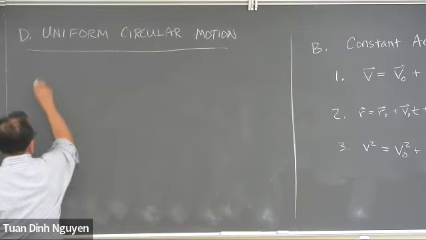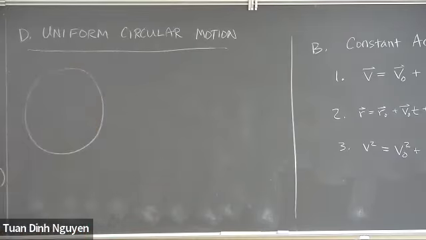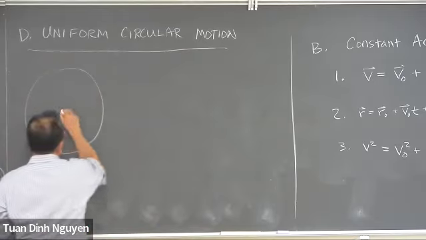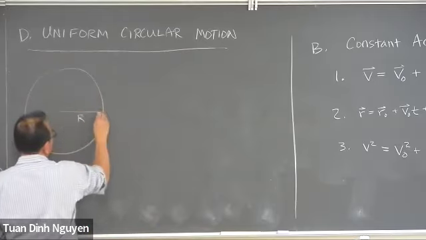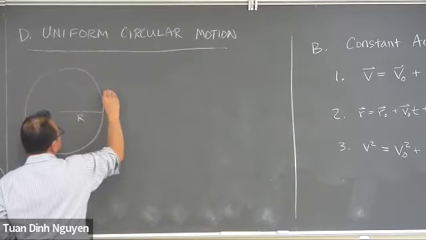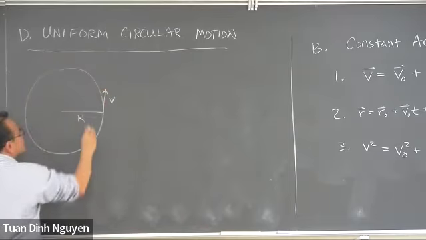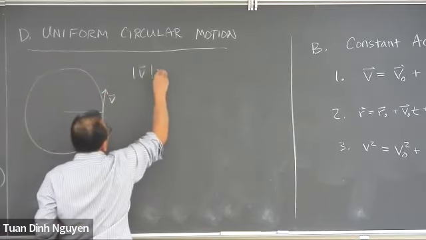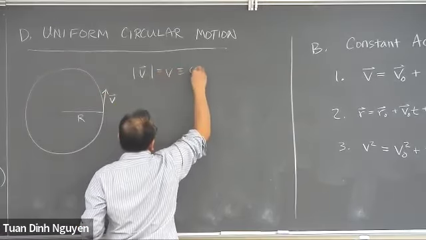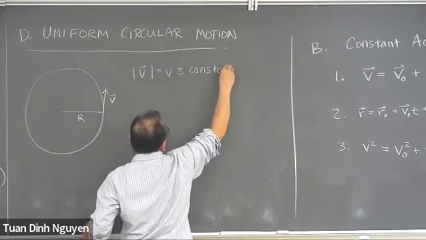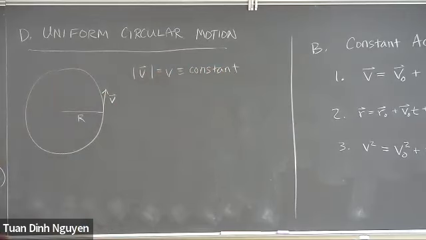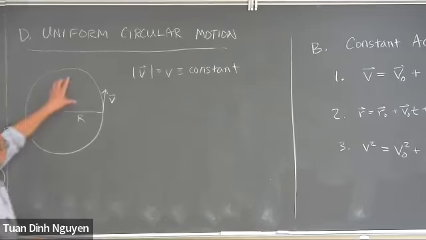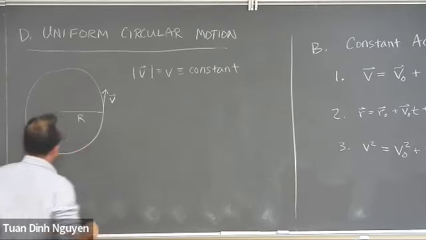Something going in a circle, radius r. Uniform just means that the speed, that this v vector, the speed is constant, it doesn't change. The vector itself is changing because it's pointing at different places.